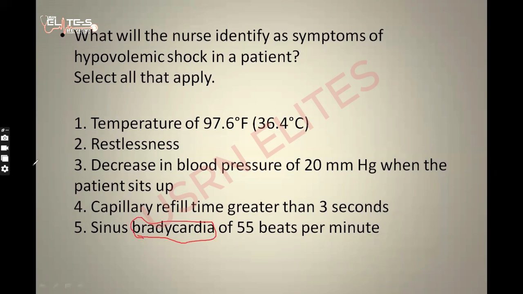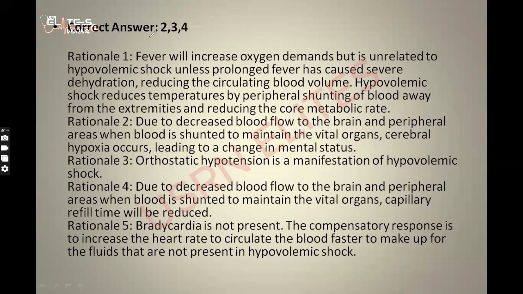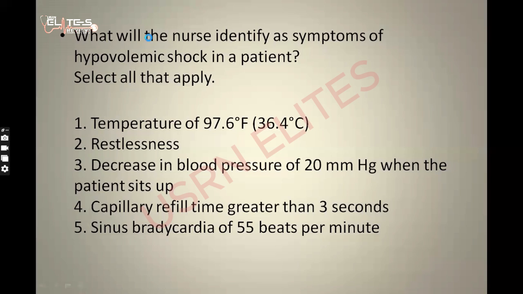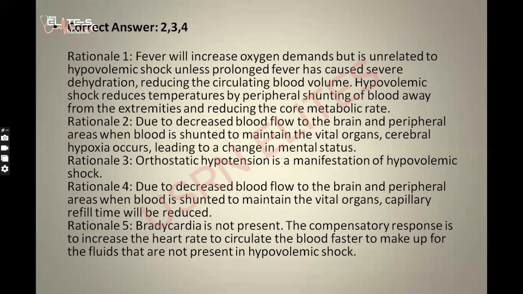Unless you ask, but if you don't ask, I presume you all understand. So the answer is 2, 3, 4. So we are correct. Your handwriting was correct. Let us go through the rationales quickly.